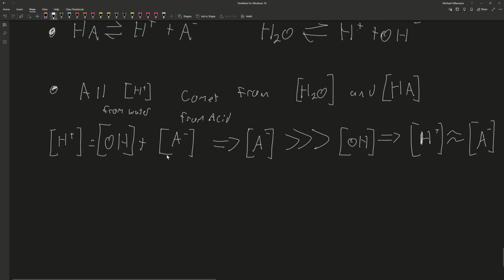So, what else can we state? We know that the concentration of the acid initially is equal to the concentration of the salt plus the concentration of the remaining acid in solution.